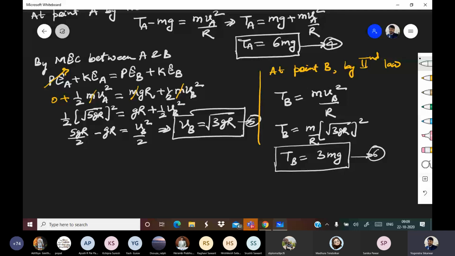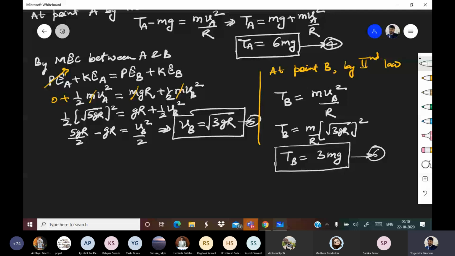As of now, 3 persons have written the answer. Amal is saying, sir, it should be the same as point B. How do I know, Amal? You are solving it. Hiram is saying VD is equal to root 3 GR.